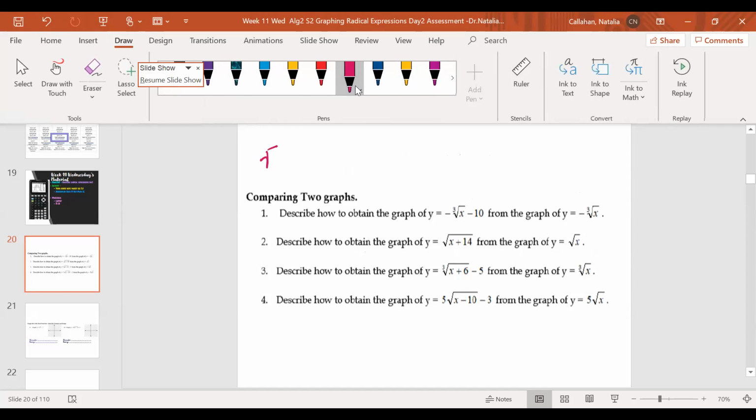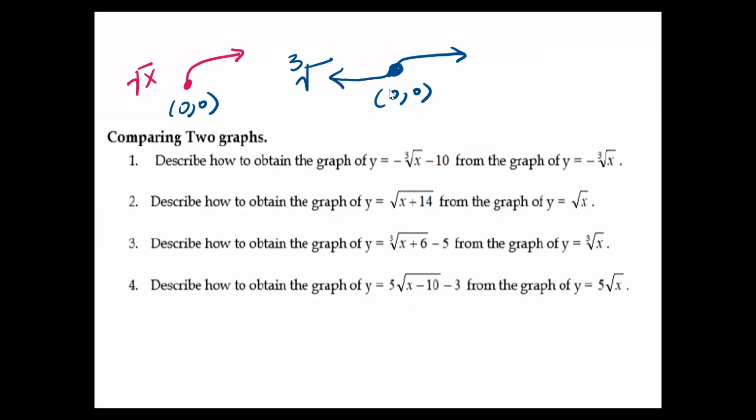Remember, a square root is always going to be in a form like that little curve. And a cube root is that weird little squiggly S shape like that. Those are called the parent functions because that's always going to be at (0, 0). However, you do move them around with the transformations.